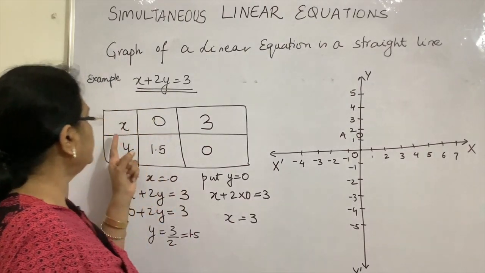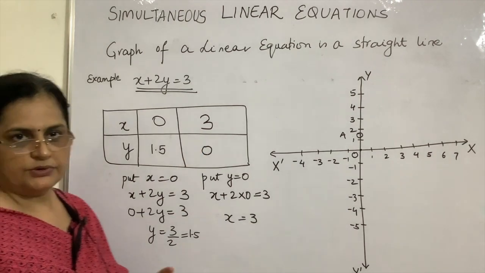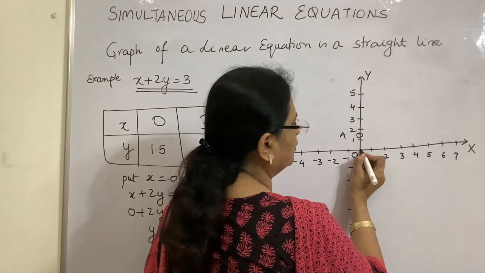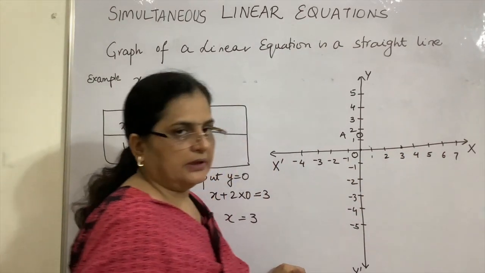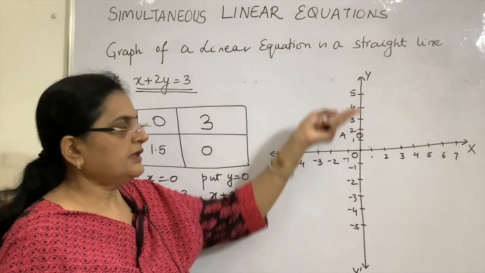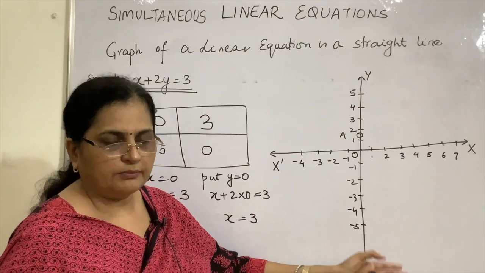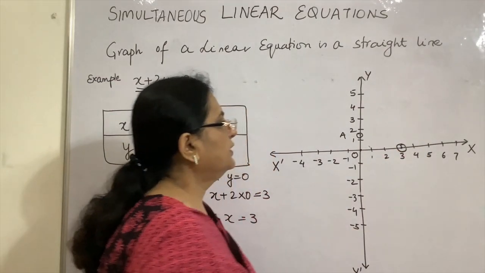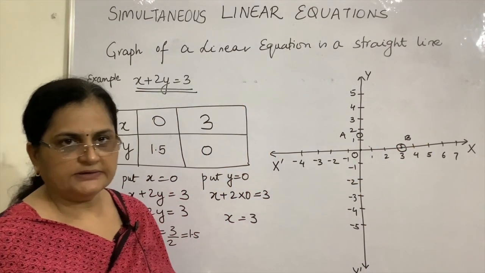What about the second point? x is equal to 3 and y is equal to 0. So x is equal to 3. Move 1, 2, 3 units here. And what about y? y is equal to 0. So you do not have to go either up or down because y is equal to 0 in any case. So you get this as the point. Now you get 2 points.